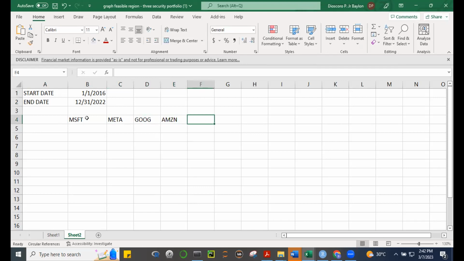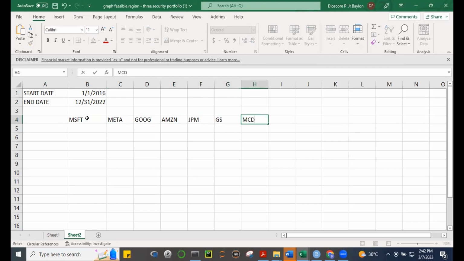Amazon, and then let's also include JP Morgan and Goldman Sachs. Let's also include McDonald's, and Intel. Okay, let's just make it 8 stocks.